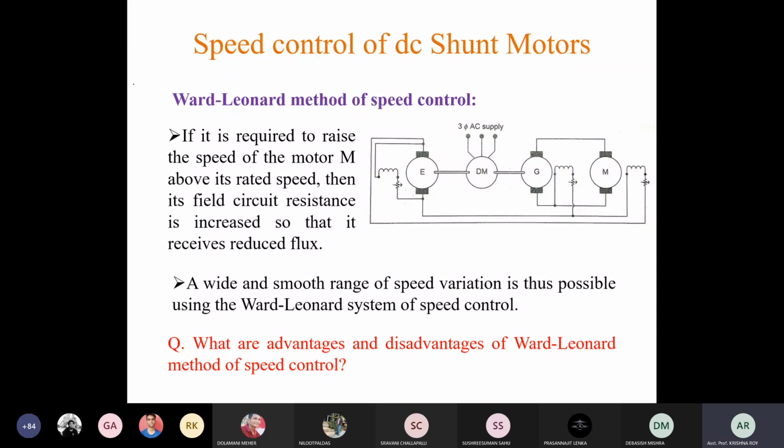Just one disadvantage. Two generators are required. Not only two generators, we require 3 electrical machines to control the speed of one electrical machine only. So it is not very economical, right? Yes, sir. Okay, the rest you will read from any book.